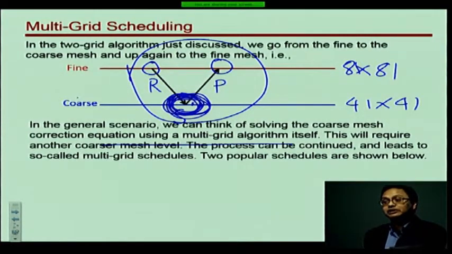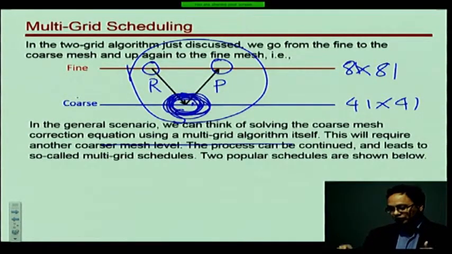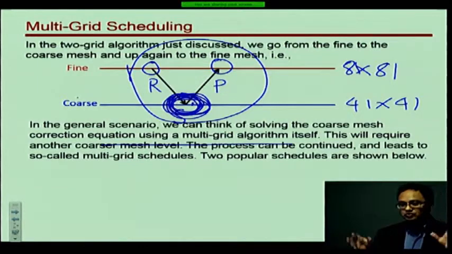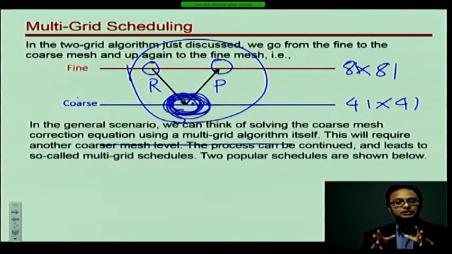That's the philosophy people use. So you would keep going down, ideally, I'm saying. Now there are practical constraints. You keep going down until you get to a set of equations where Gaussian elimination is feasible to use. And you just use that and then come back up. At all other intermediate levels, you're still going to use your iterative solver, Gauss-Seidel, or whatever other solver you might be using.